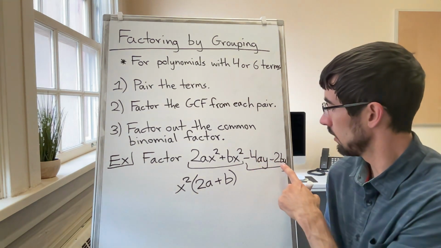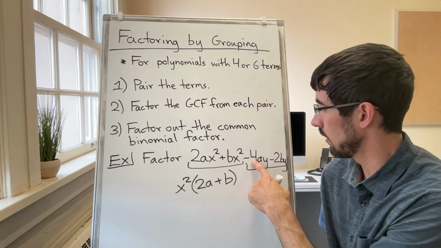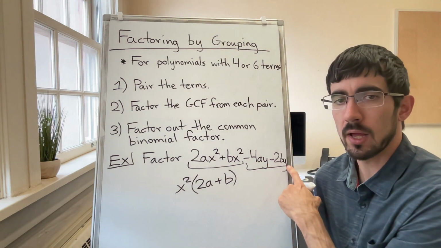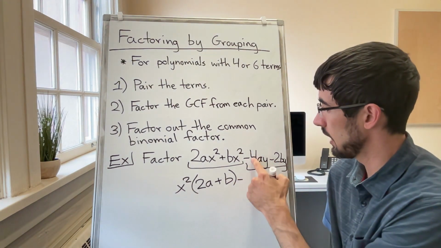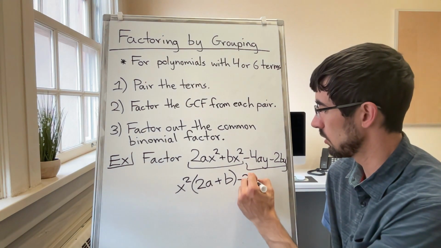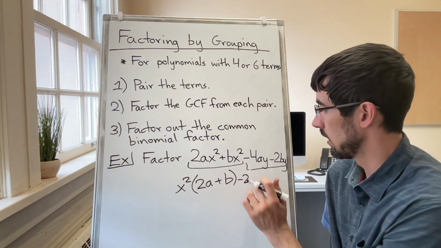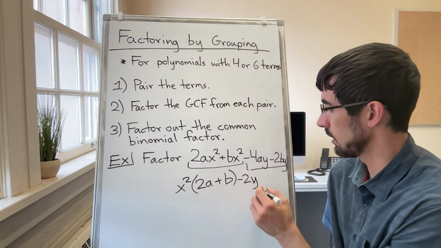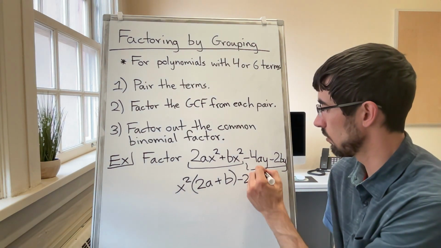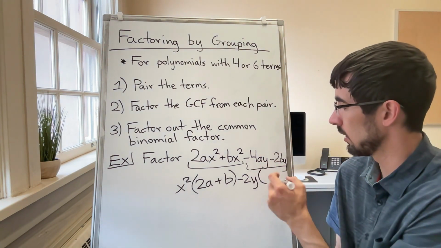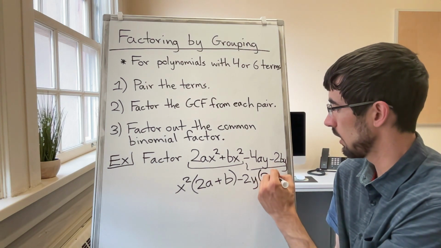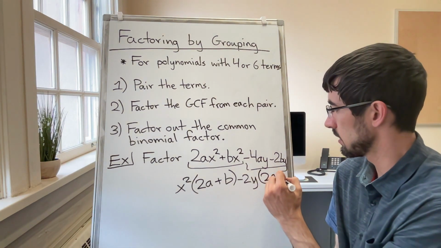The second pair, there's a greatest common factor of negative 2y. I'm choosing to factor out the negative sign along with the number 2 so that this first term ends up being positive. So I have negative 2y factored out of this pair. What remains is 2a plus b.